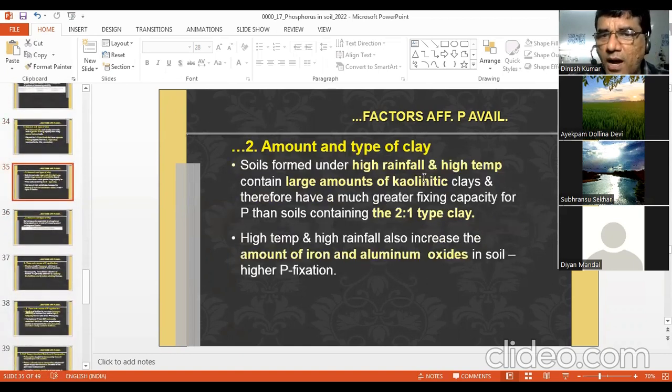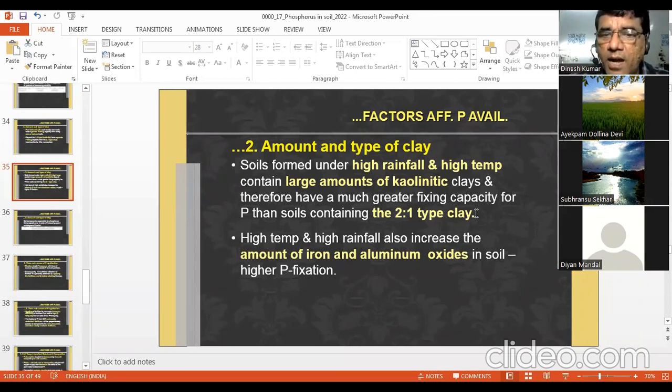Soils formed under high rainfall and high temperature contain large amounts of kaolinitic clays, exactly the tropical wet kind of climate, and therefore have a much greater fixing capacity for phosphorus than soil containing 2:1 type of clay. So normally these 1:1 type of clay are found in soils of high rainfall and high temperature areas.